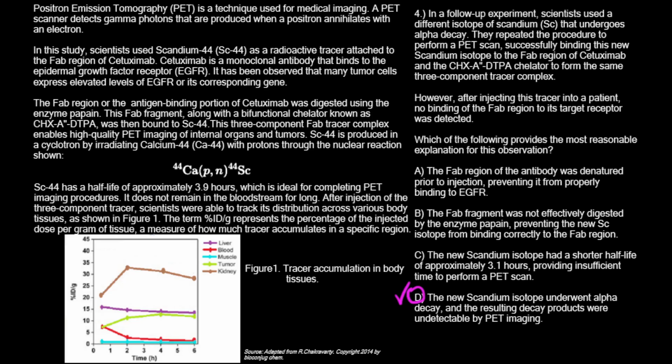So since no positron is released, no annihilation takes place with an electron and no gamma photons are produced. So the PET scanner cannot detect the tracer. This matches answer choice D. So the answer choice D is the correct answer to this question.